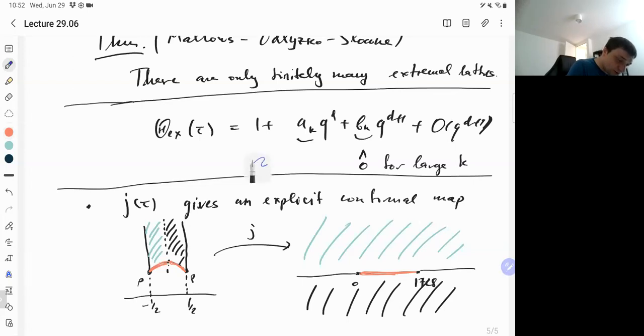Maybe I can use another color. And it sends these bits to here. And then this punctured... let me erase something.